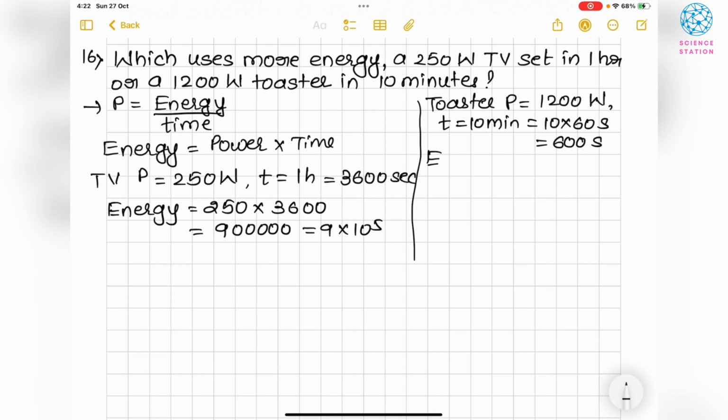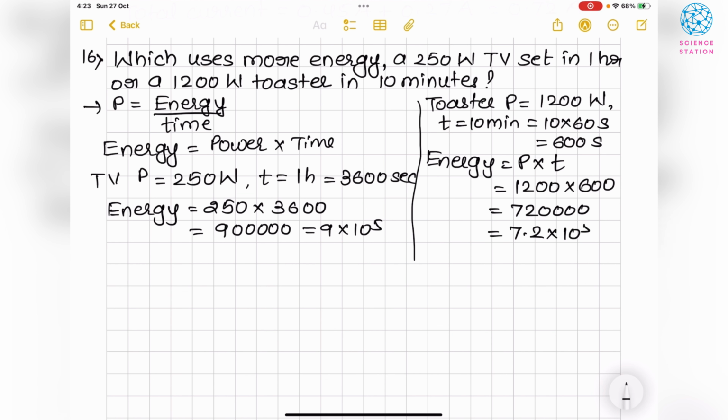So energy will be P into T, so that is 1200 into 600, so that will be 7.2 into 10 raised to 5. So therefore TV draws more energy.